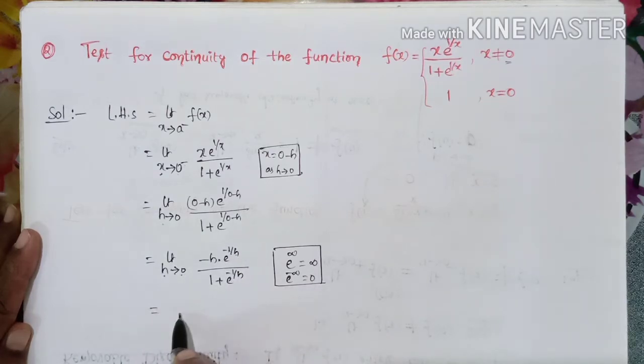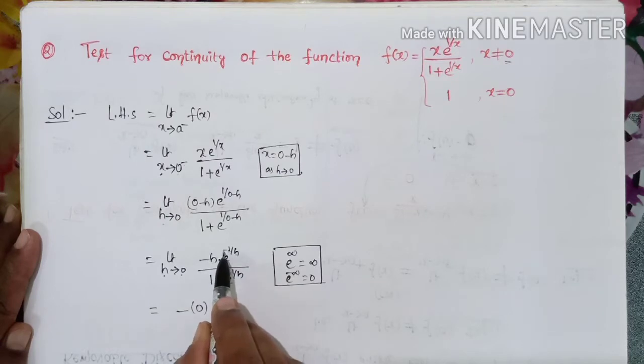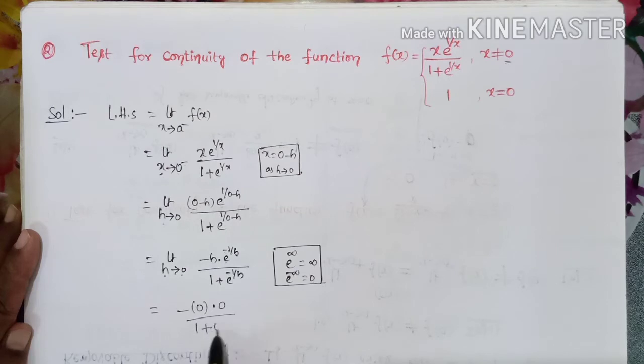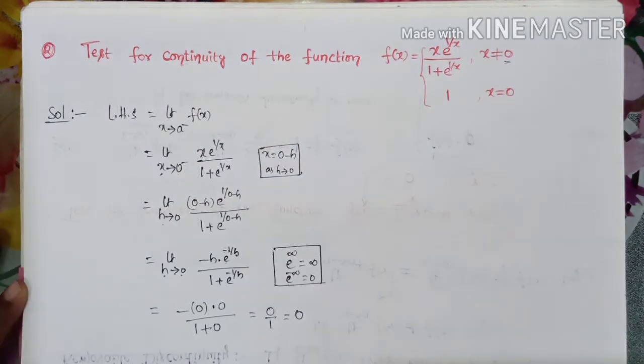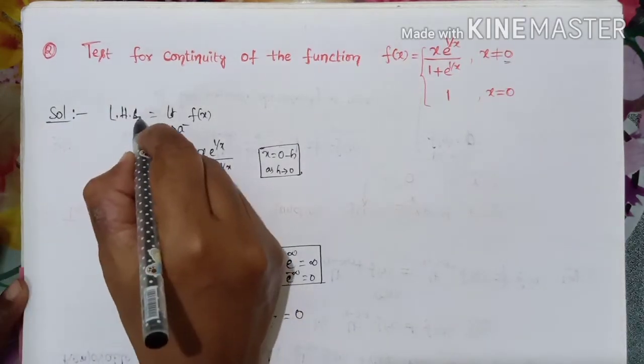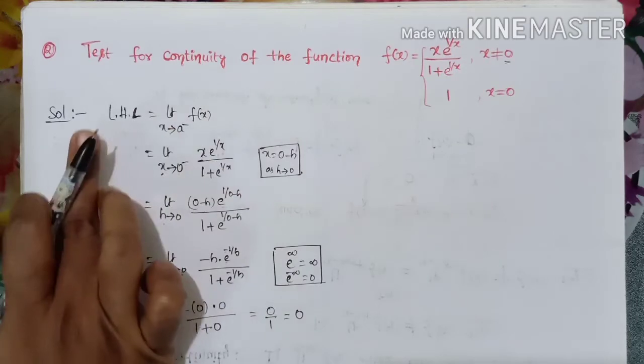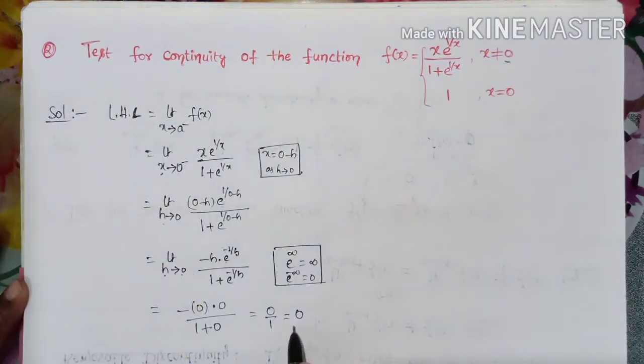So minus, we put h as 0, and e power minus infinity is 0, by 1 plus 0. 0 by 1 gives 0. Therefore, the left-handed limit is 0.